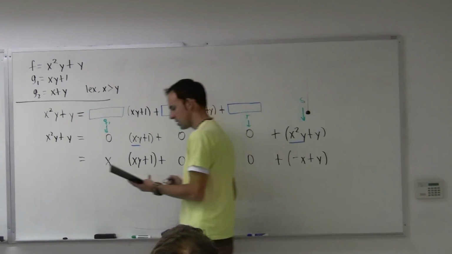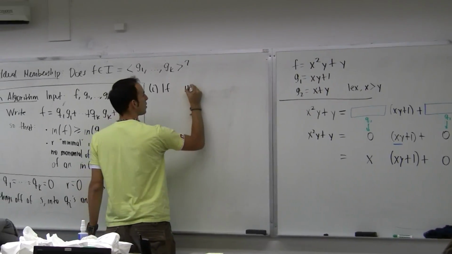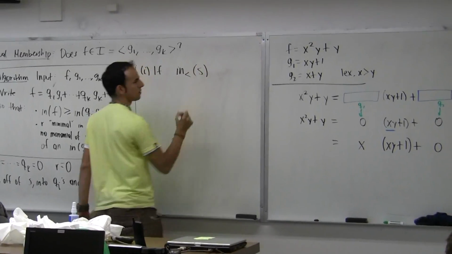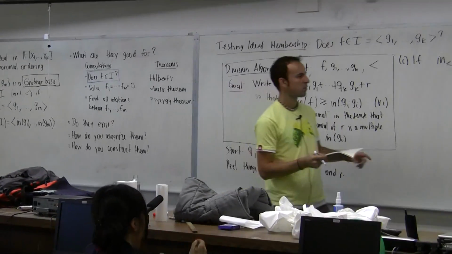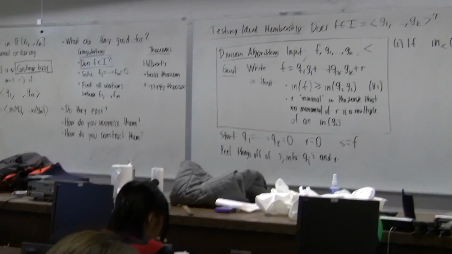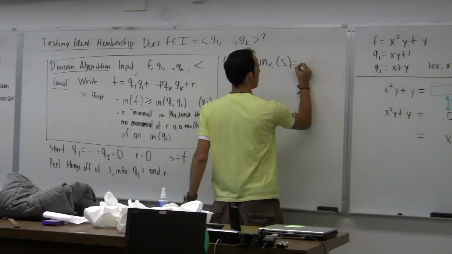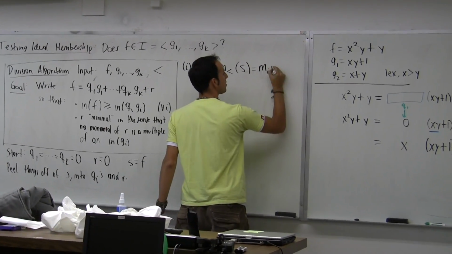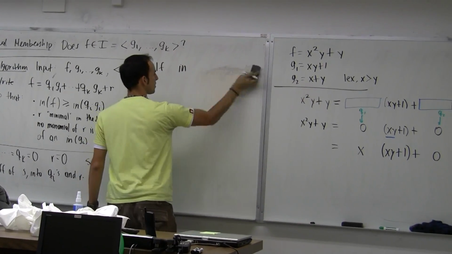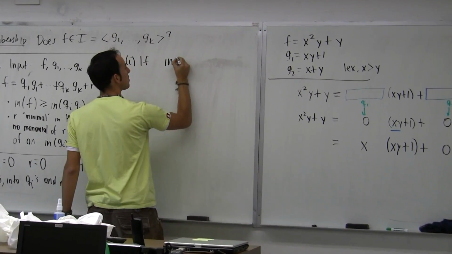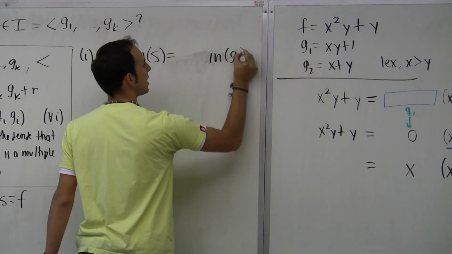So what did I do here? I took the initial term of S, and that's my term x squared y. And I tried to see if it was a multiple of one of these initial terms, which it is. So the initial term of S is something times the initial term of one of the gi's.